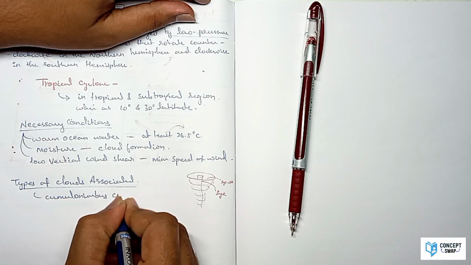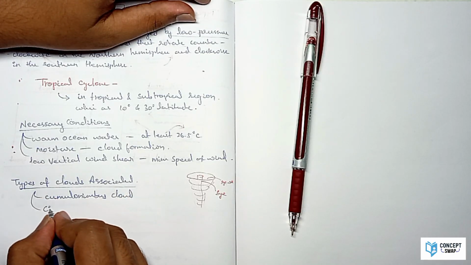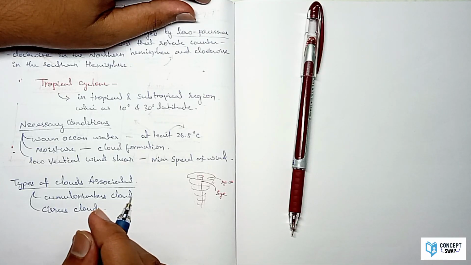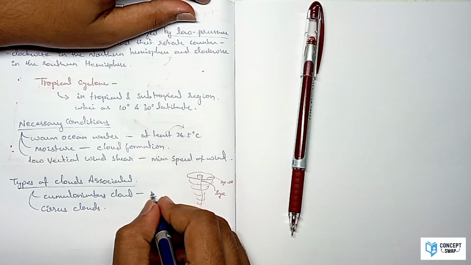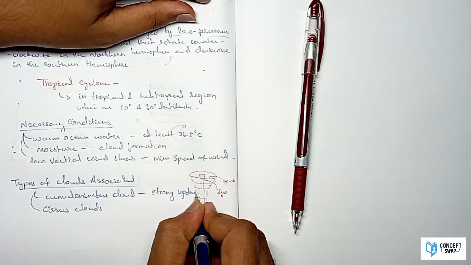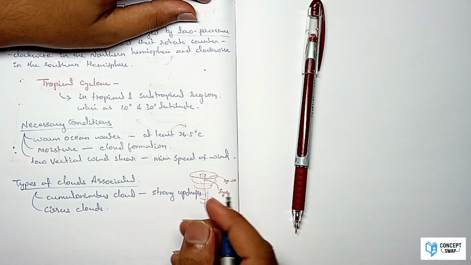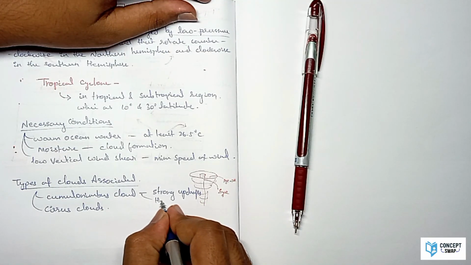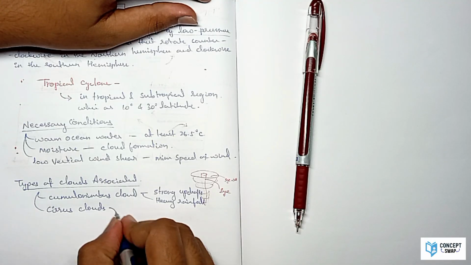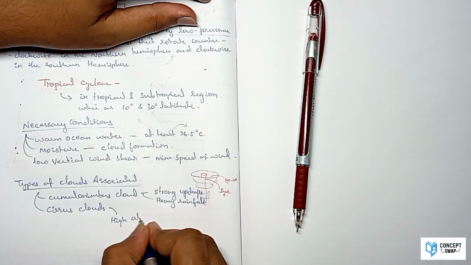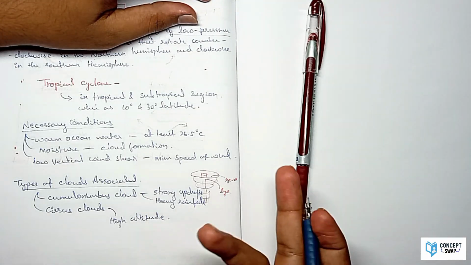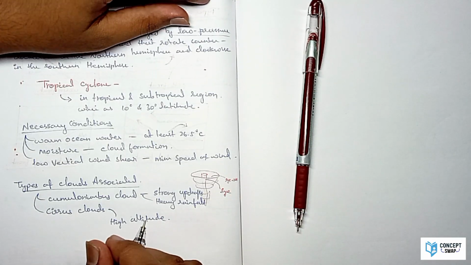Cumulonimbus and cirrus clouds. Cumulonimbus have strong updraft and potential for severe weather, heavy rainfall. And cirrus is at high altitude. It may indicate the presence of upper level outflow associated with the storms.